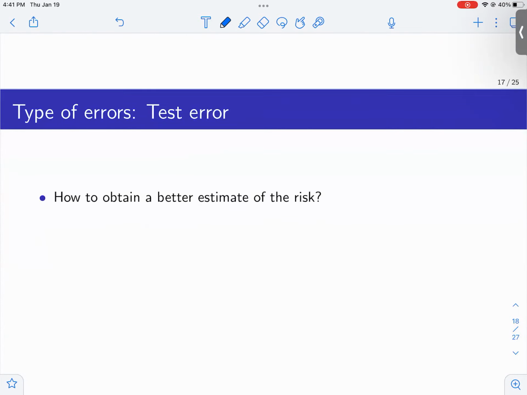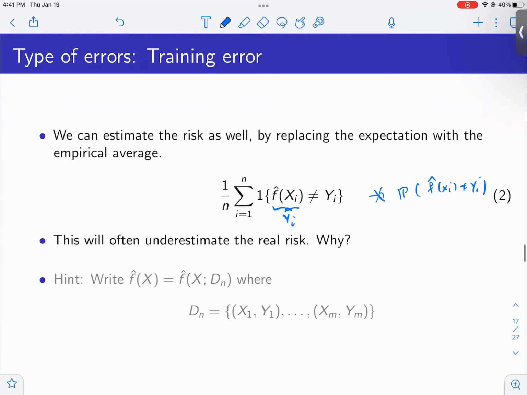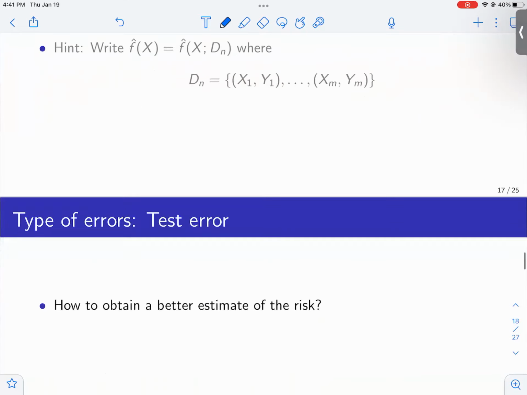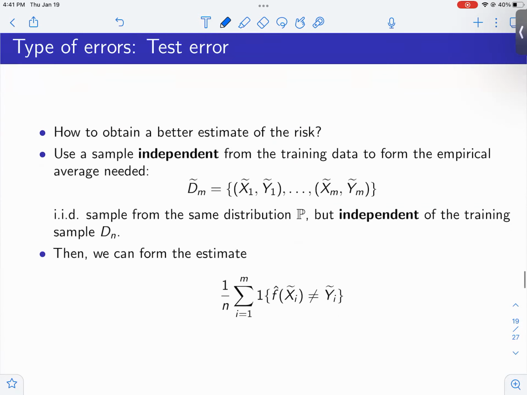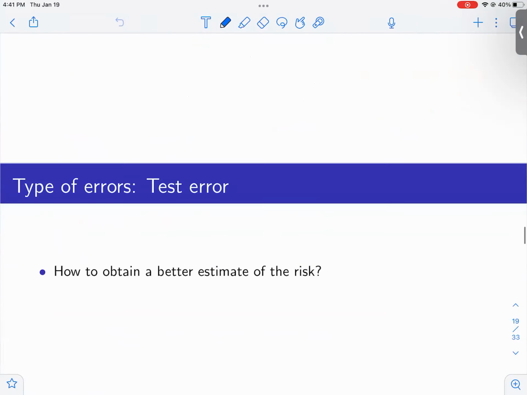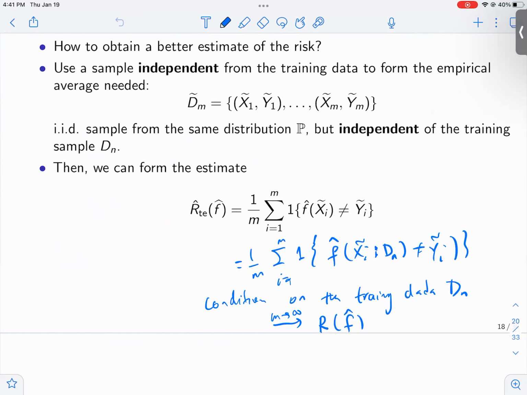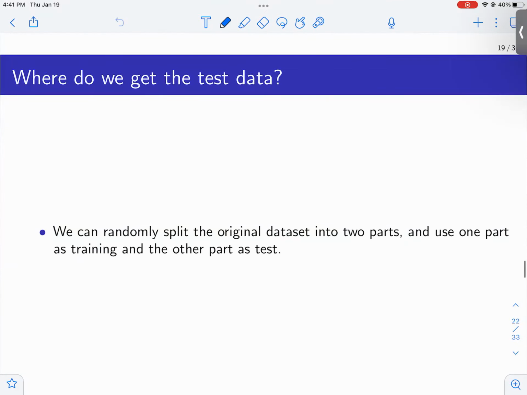Implicitly we have done it, but it's not obvious that we minimize the training error in the background, but we'll see that more. And we use the test set to have an independent sample so that we can get a good, unbiased, consistent estimate of the true risk, which is this classification rate in this case.